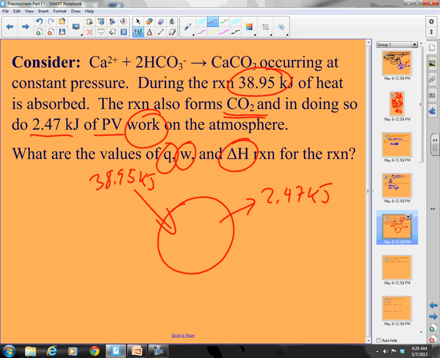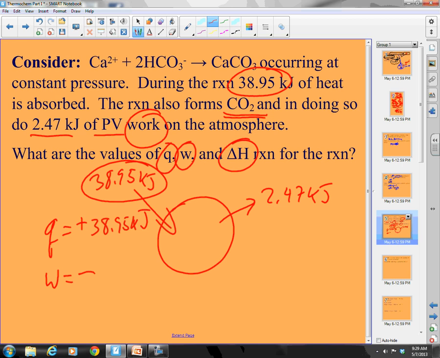So what's my Q? The heat is going into my system, so it's a positive 38.95 kilojoules. Work is being done by my system, so it's going to be a negative value.